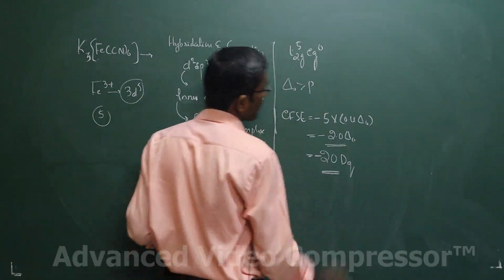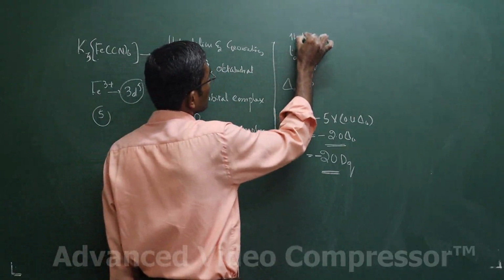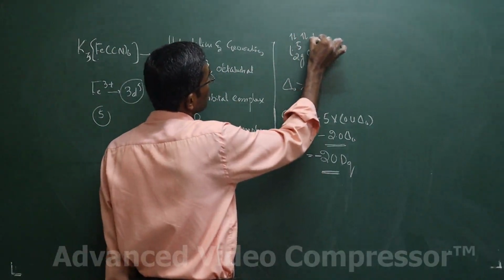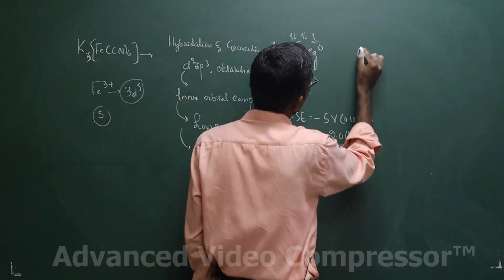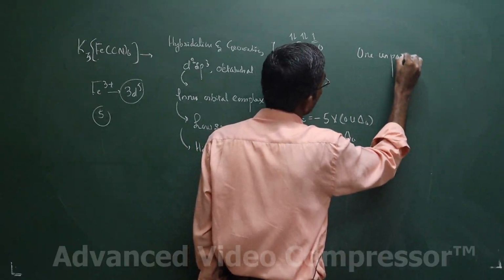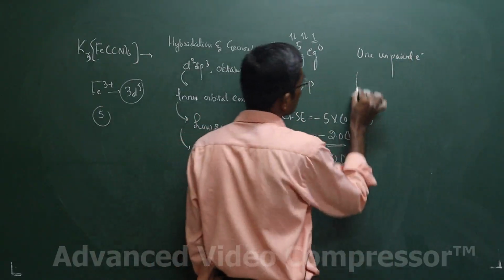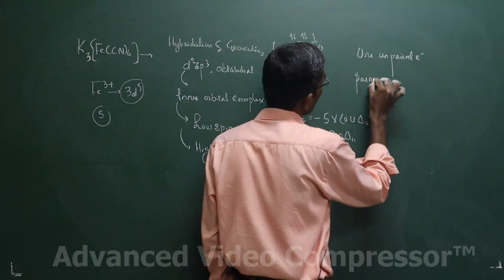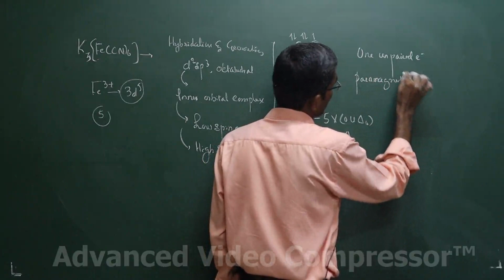If you look at the number of unpaired electrons, students, you have only one unpaired electron. So since there is an unpaired electron, I can say the molecule is paramagnetic.